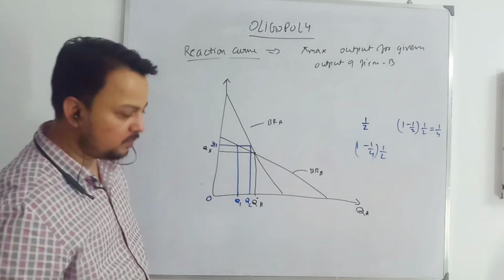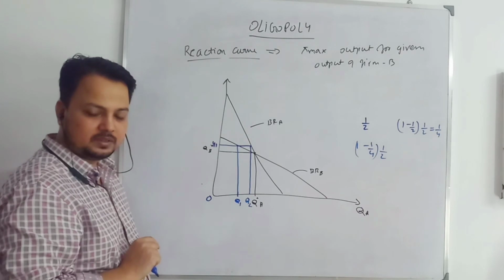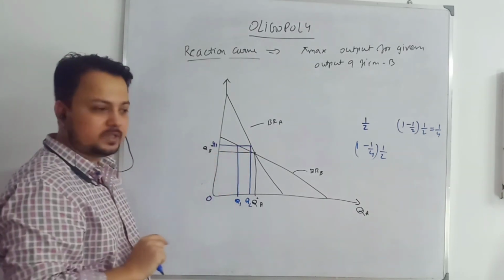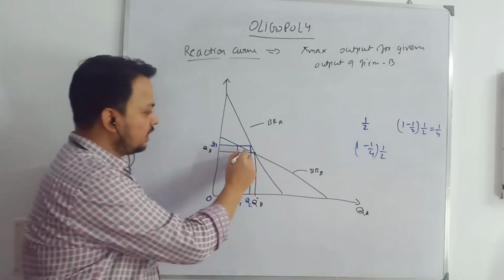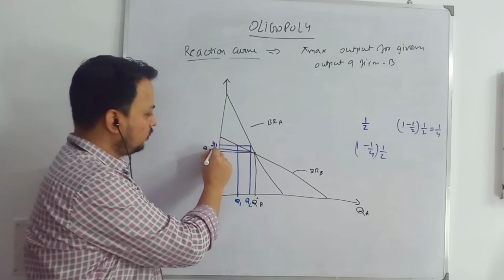When firm A responds by producing higher output Q2, what will firm B do? Firm B will respond according to its best response curve and produce less output than Y1, say Y2.